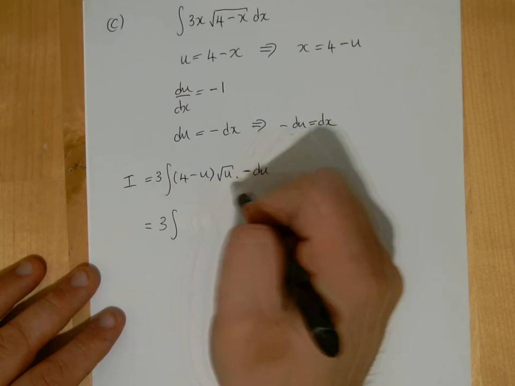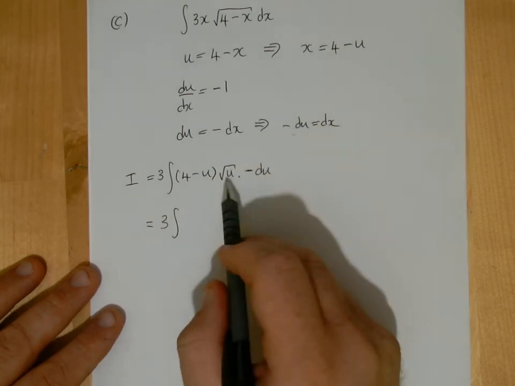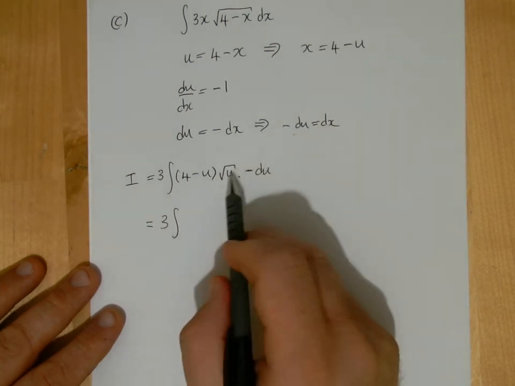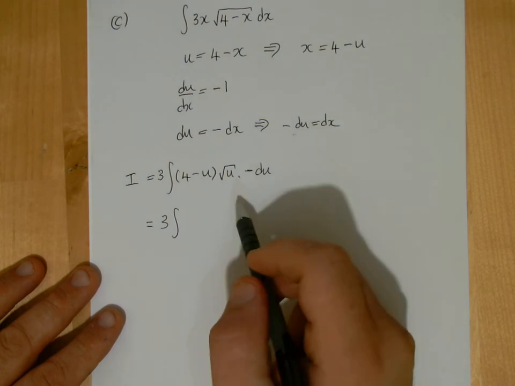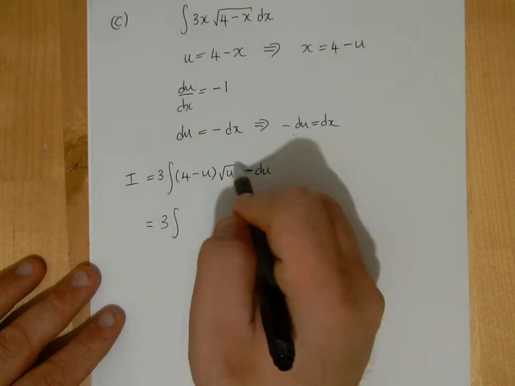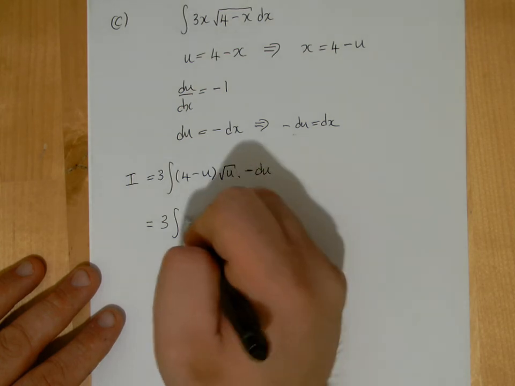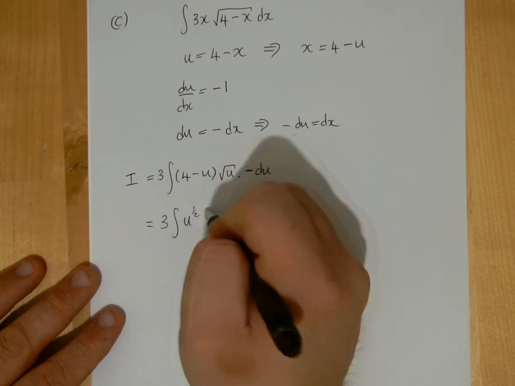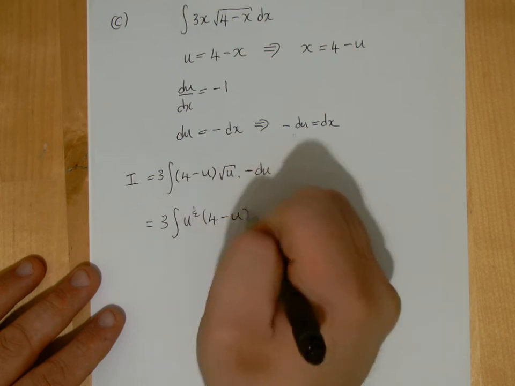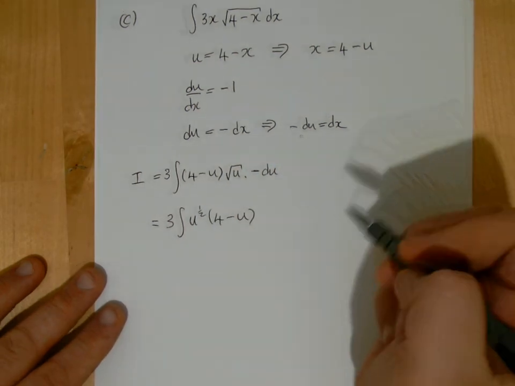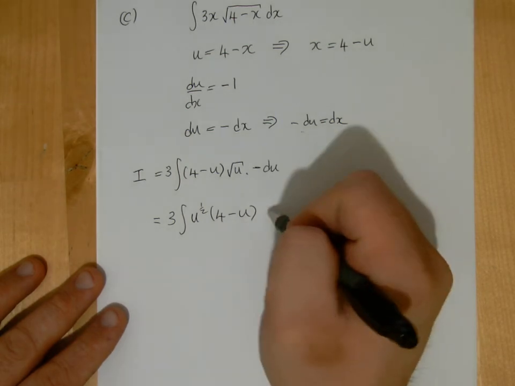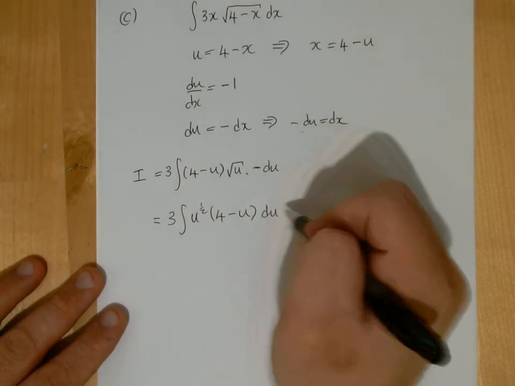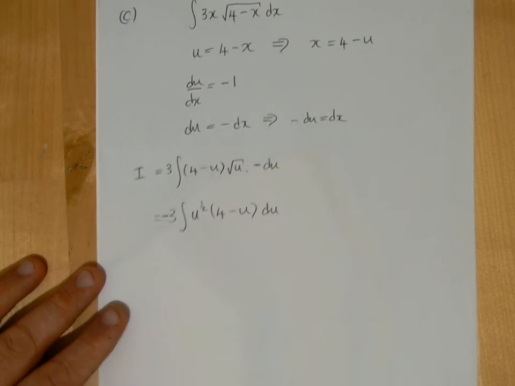The key is appreciating that square root of u is u to the power half. So u to the power half, we'll put at the front, and then we've got the bracket 4 minus u, times minus du. So I'll put du here, and we'll take that minus outside the front, because it's a constant.